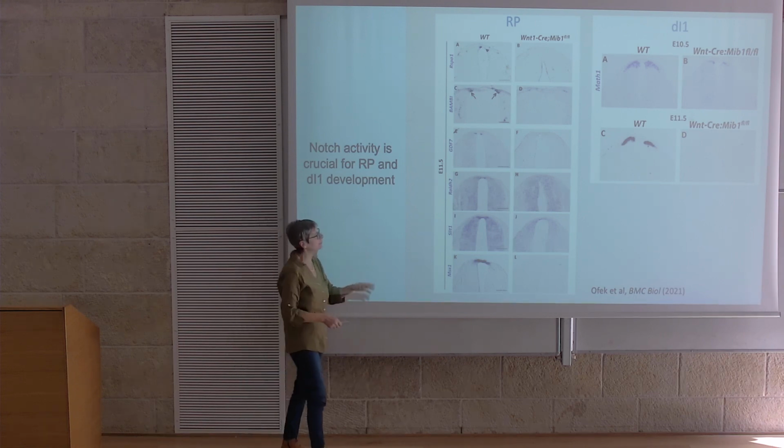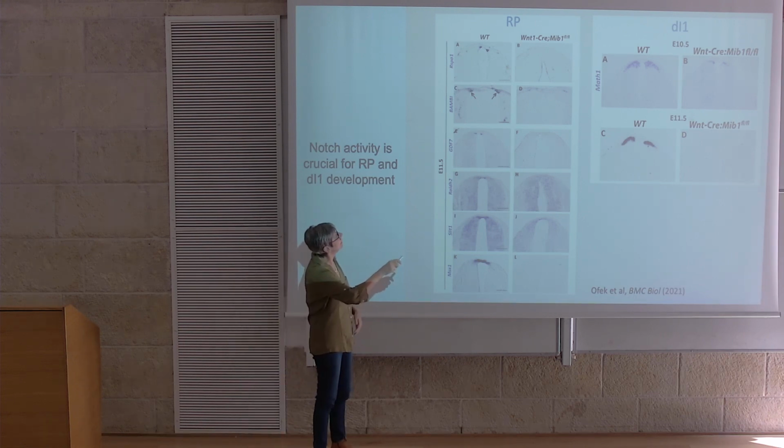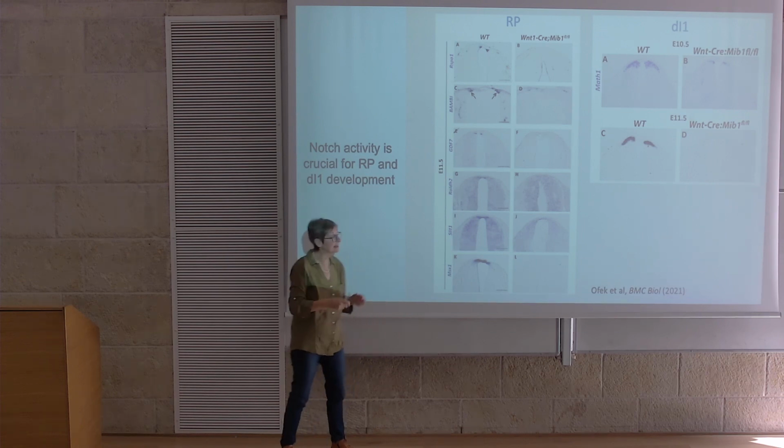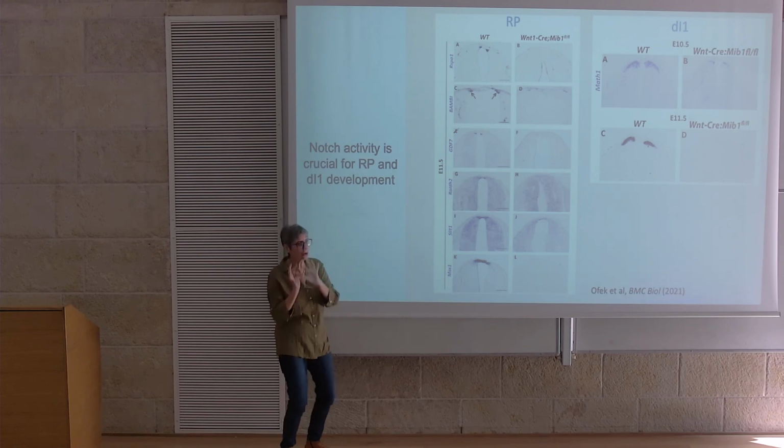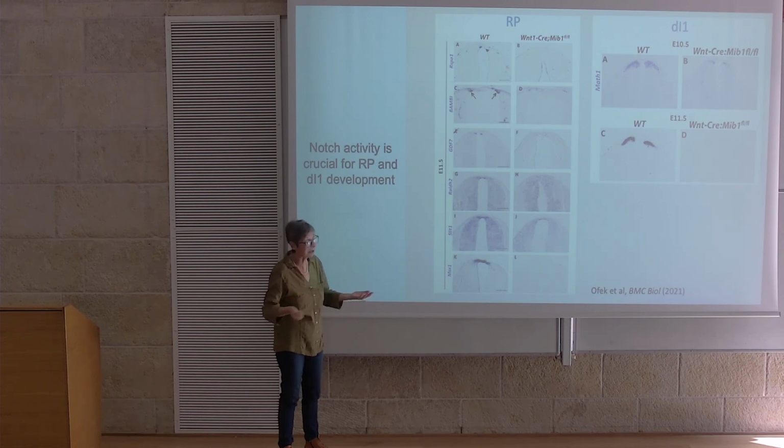So we found, using a Mind bomb mutant performed only in the crest cells, okay, that in the absence of Notch signaling, Mind bomb is necessary for degradation of ligands of Notch, there is no roof plate. So we applied all the markers that Chaya found in the transcriptome to the mouse. All of them work.